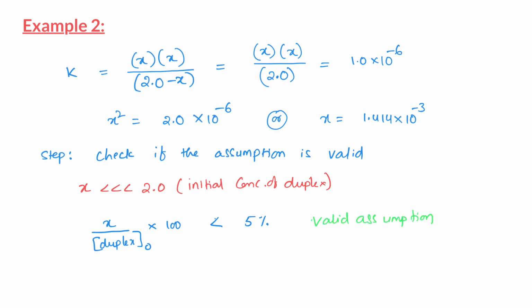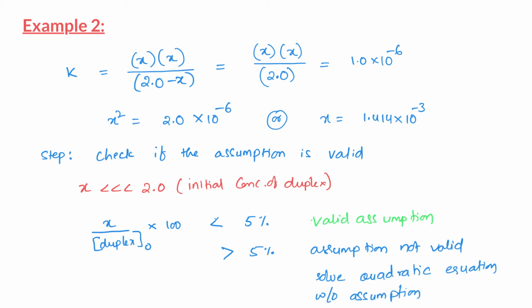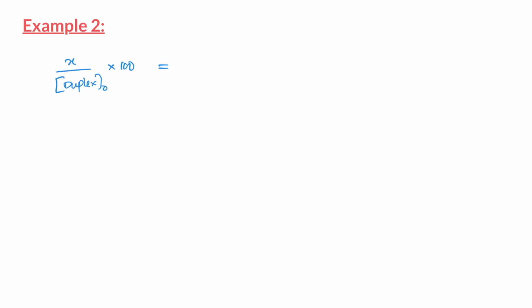If it is greater than 5%, our assumption is not valid, and we need to go back and solve the quadratic equation to solve for X. For this problem, let us calculate this percentage.